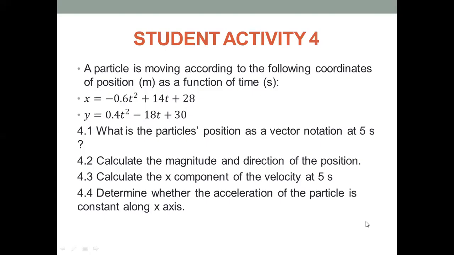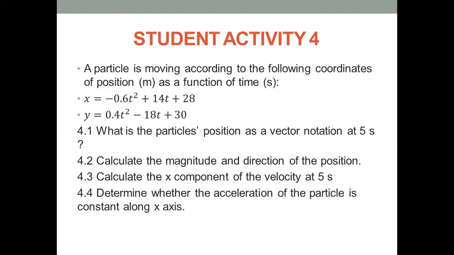Okay, do this one by yourself. Let me know if you experience some challenges. A particle is moving according to the following coordinates of position in meters as a function of time in seconds. The coordinate of the position along the x-axis is x equal to negative 0.6t squared plus 14t plus 28. Along the y-axis, y is equal to 0.4t squared minus 18t plus 8.